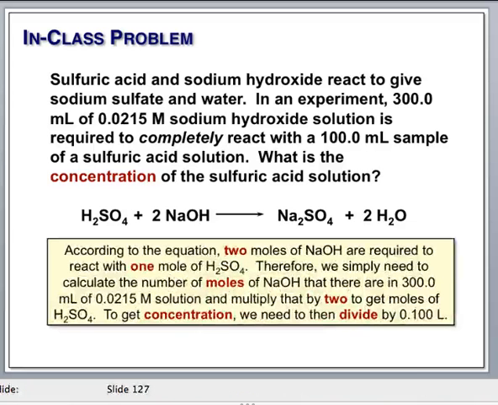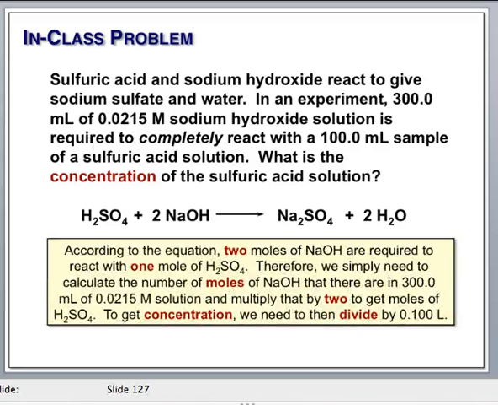Okay. 2 moles of sodium hydroxide for every mole of sulfuric acid. Calculate the number of moles using concentration and volume. That gives us the number of moles of hydroxide, right? Takes 2 hydroxides for every sulfuric acid.